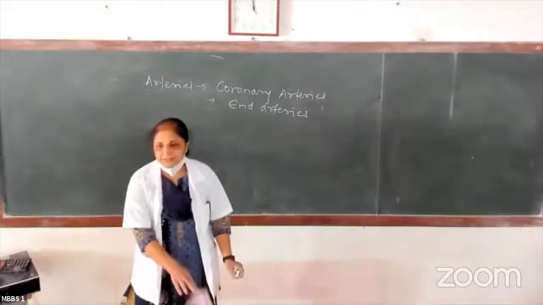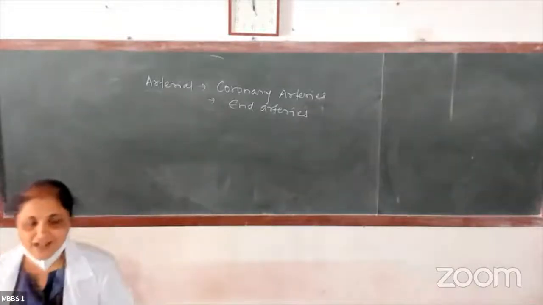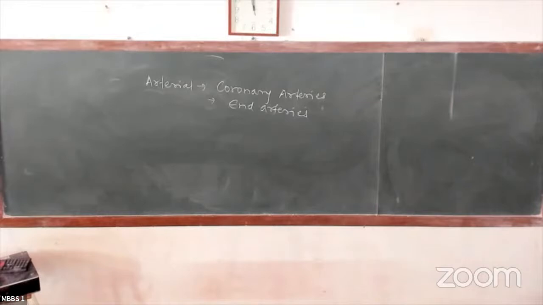Coronary arteries are the branches of the ascending aorta. Be clear: never say that it is a branch of the arch of aorta, never say that it is a branch of the descending aorta. It is a branch of the ascending aorta only.